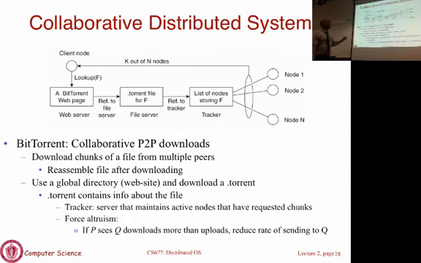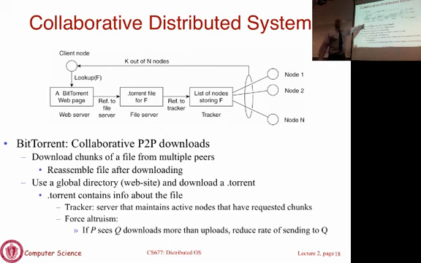So in the context of both caching and P2P systems, there is also this entire class of systems called collaborative distributed systems. They are both P2P systems, but they provide incentives for collaboration. BitTorrent is the simplest example of this system. BitTorrent is a P2P system, and the way it works is shown in the picture.